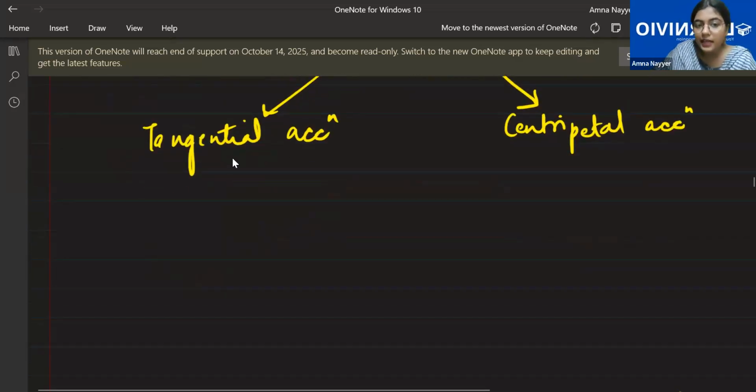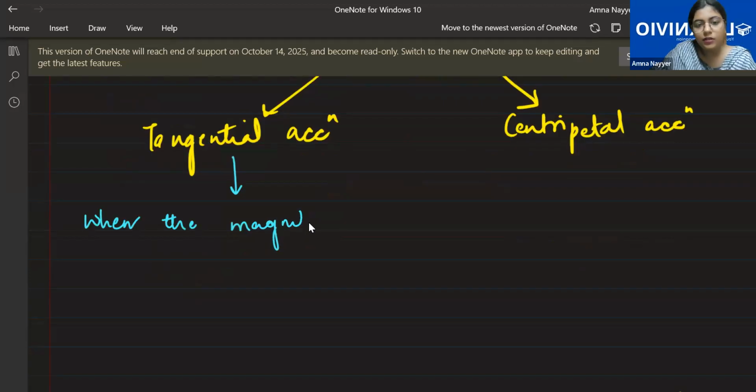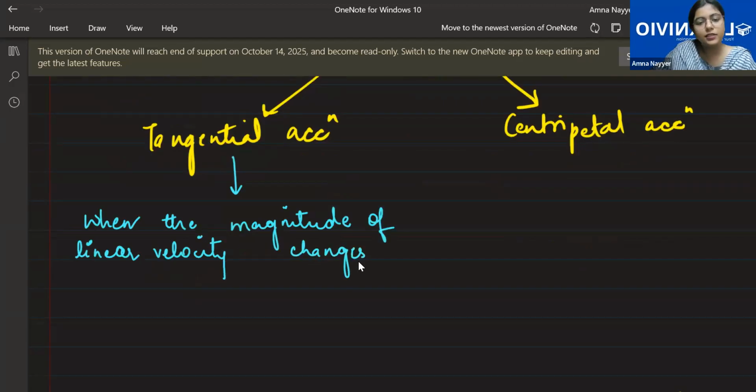So when the magnitude of the linear velocity changes, this is the tangential acceleration that comes to the system. We will represent it by AT, and the formulas are very easy to write.